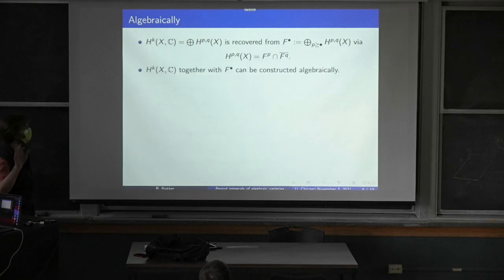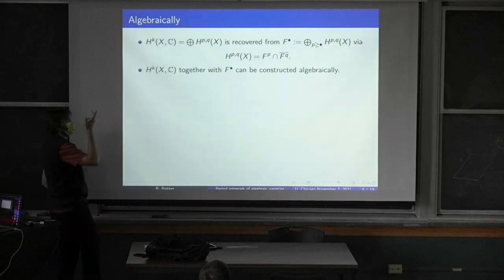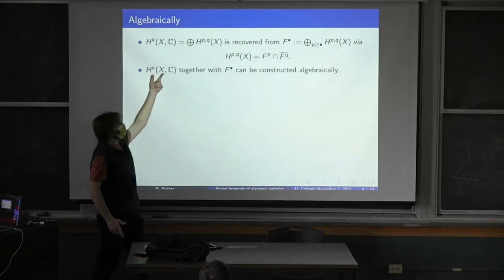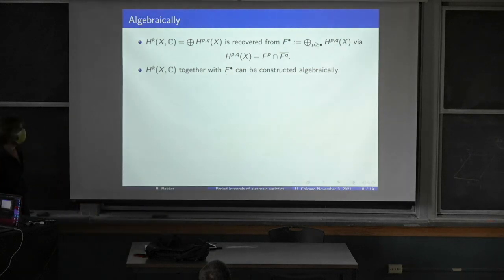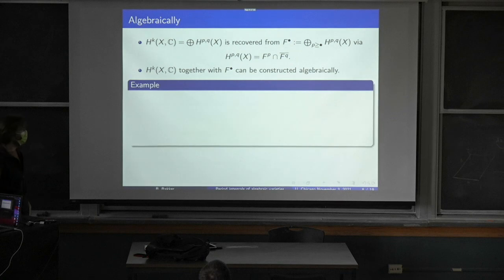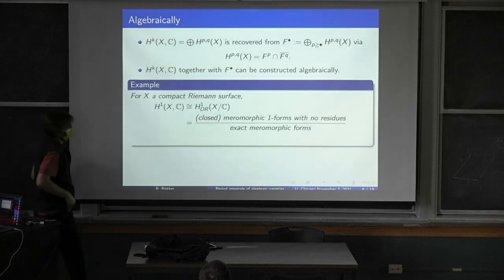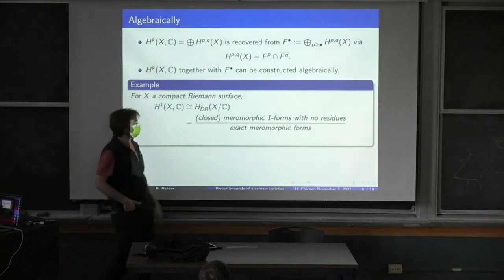Now, as it turns out, what can be reconstructed algebraically is the cohomology group together with this filtration, which again determines the Hodge structure. Okay, so this is best seen by an example. Let's go back to our elliptic curve, or actually a compact Riemann surface.